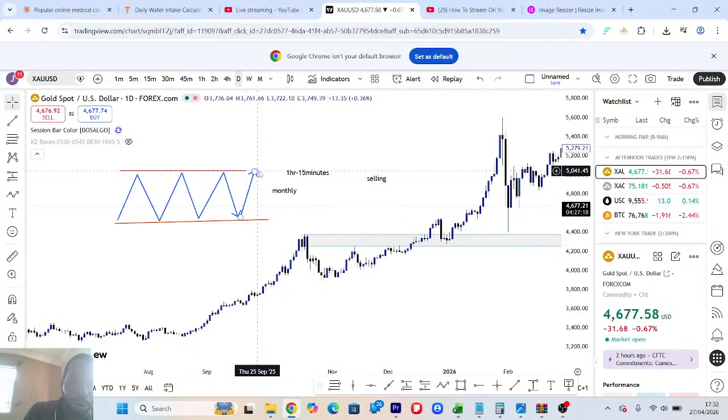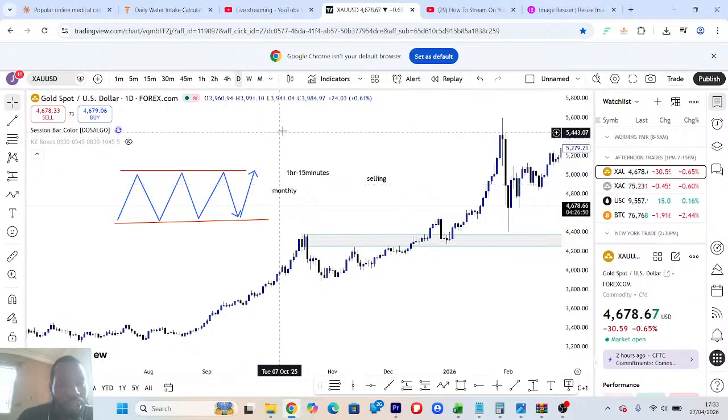You wait for confirmation from that level to make sure that there is a change of character. So what's the change of character? Change of character is the converting point where markets transcend from a bearish market to a bullish market, or a bullish market to a bearish market.